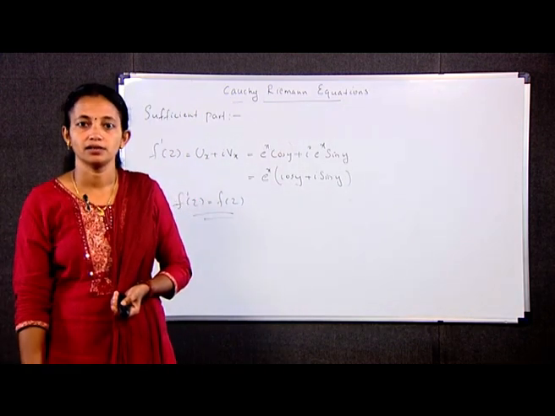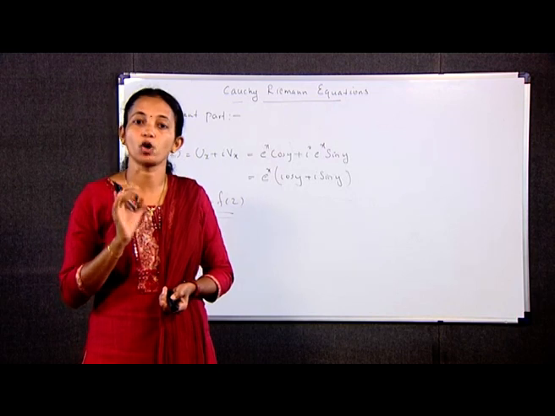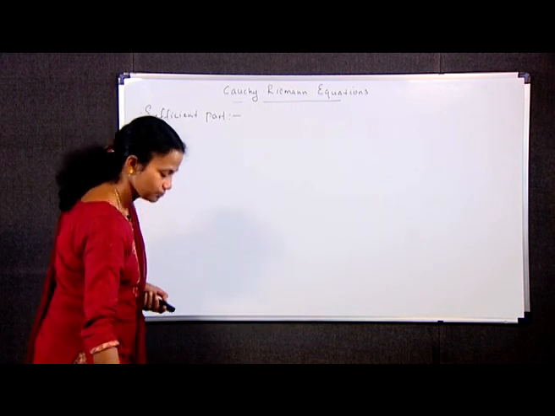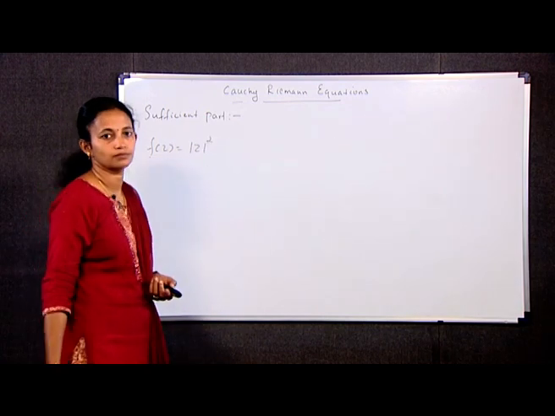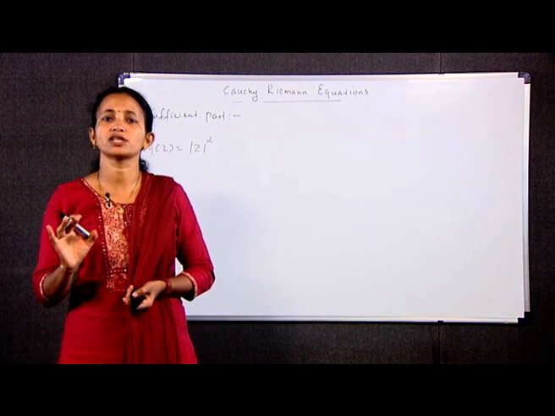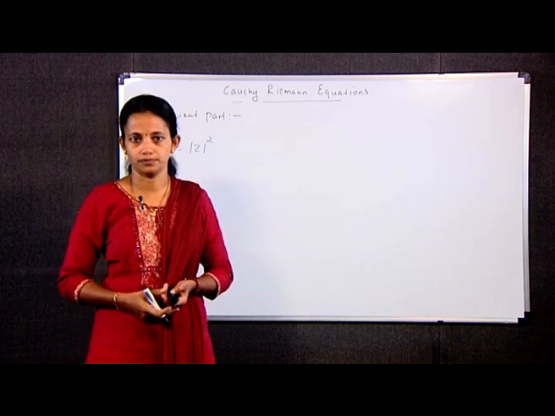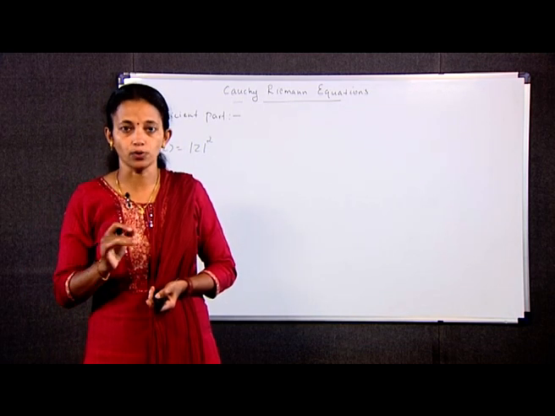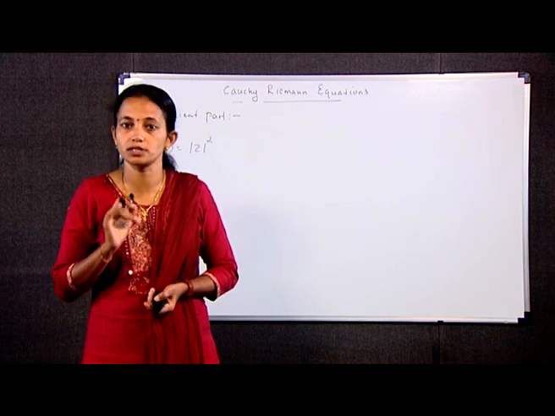Next we examine the differentiability at the origin of the function f given by f z is equal to mod z square. Next example. We have seen in an earlier example that for the given function, the Cauchy-Riemann equations are satisfied only at the origin. Also, the first order partial derivatives are continuous at the origin, and hence all the conditions in the theorem are satisfied at the point 0, 0.